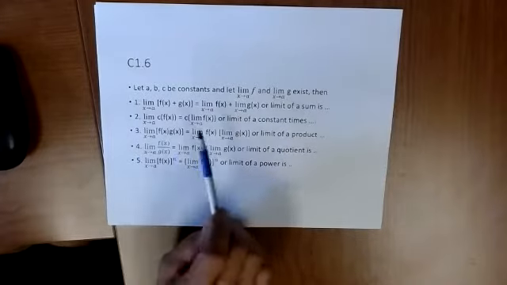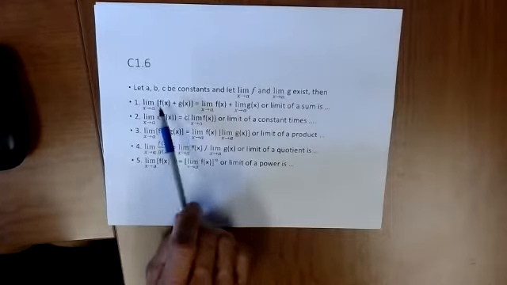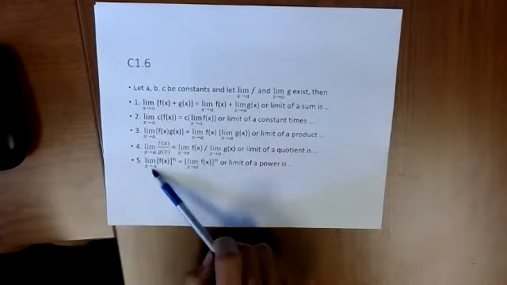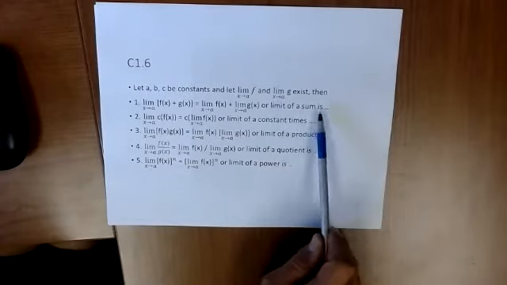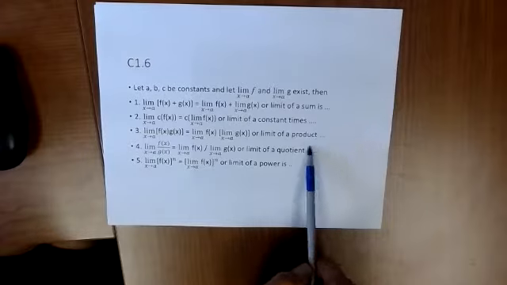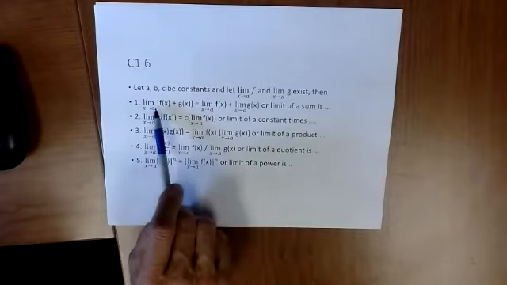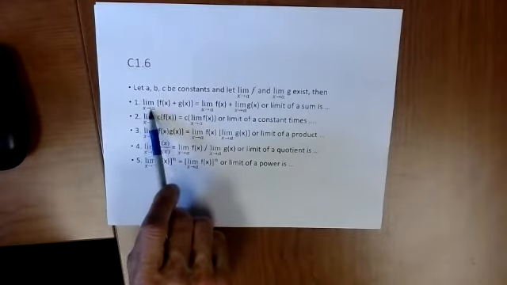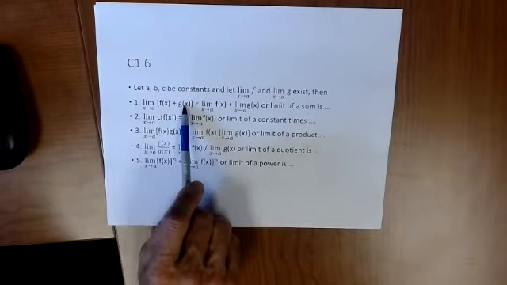Now, I know probably by now, most of you are ignoring everything I'm saying, and you're madly copying all of these down. I think you'd be far better off if you just be a bit patient. I'm going to give you the conclusion for each one of these, and I think that will be more valid. For instance, on the first one, suppose we wanted to approach a for f plus g.